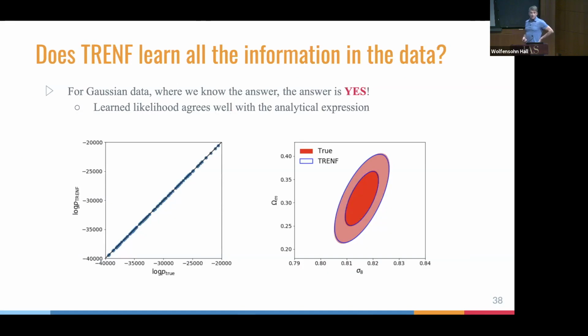Now, the other thing we can do is test how well this is working on examples where we know the answer. The Gaussian case is the only case where we know the answer. And in this case, this method completely reproduces the correct likelihood, and the error contours are exactly the same as they would have been with an exact analysis. So it clearly works in the examples when we know what the answer is.